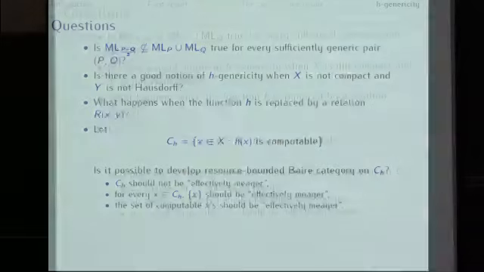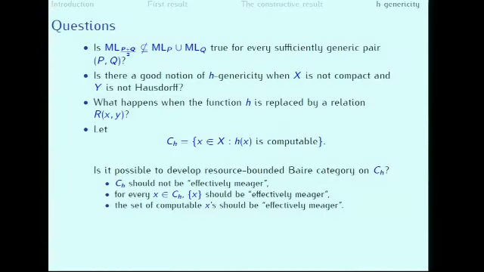Now there are several questions that arise from this. This non-inclusion of random sets, is it a rare event, or is it very particular to the example constructed here, or is it true for sufficiently generic pairs? Can we extend the notion of H genericity when X is not compact and Y is not Hausdorff?